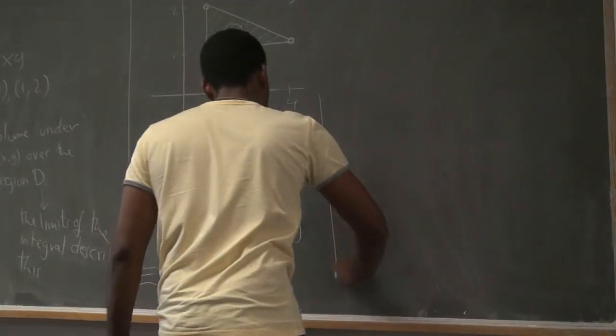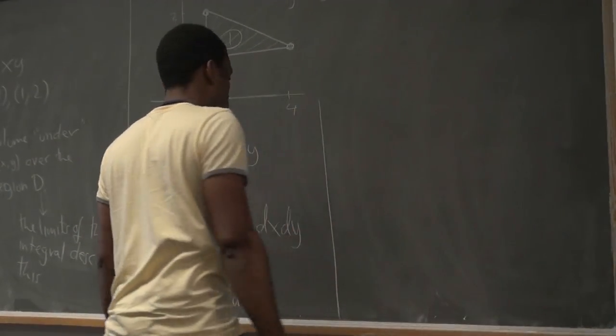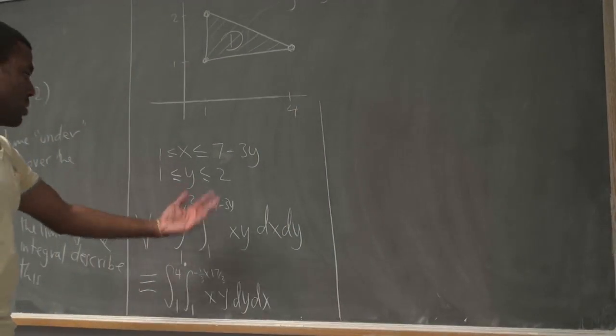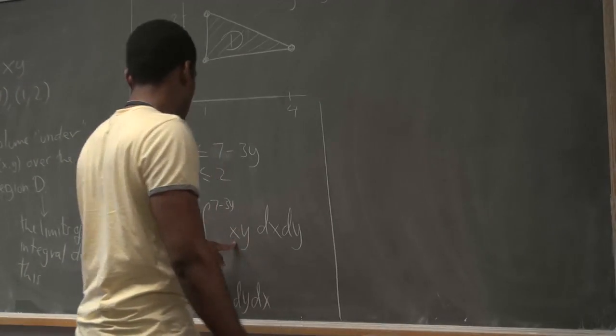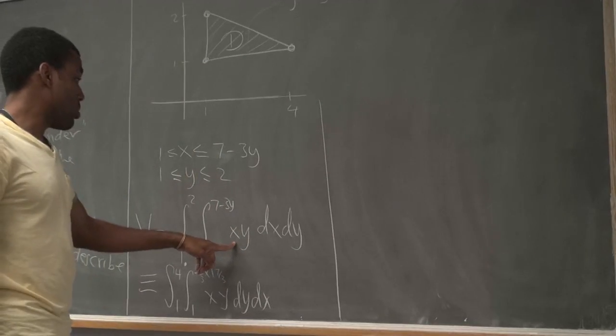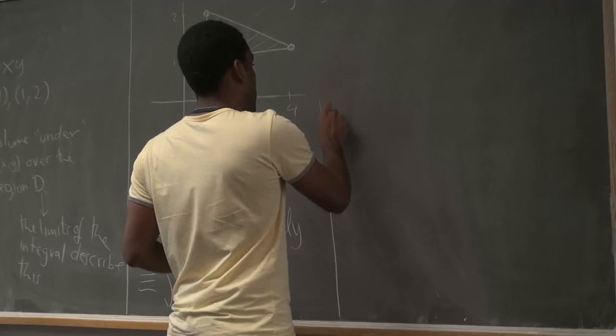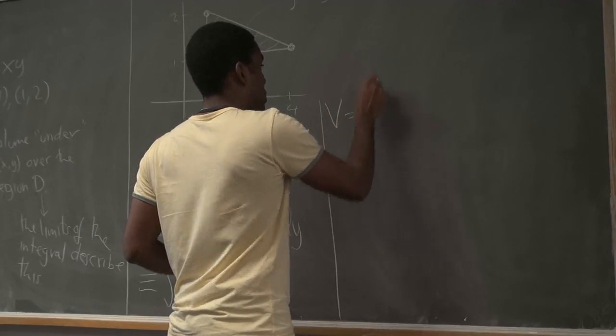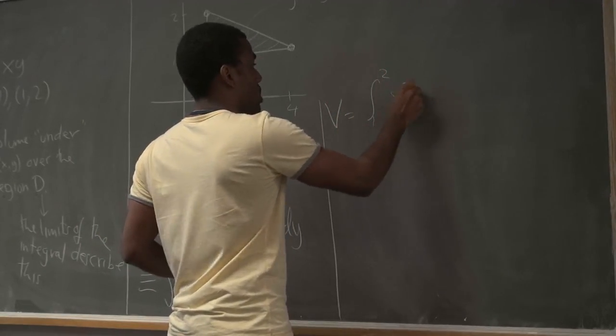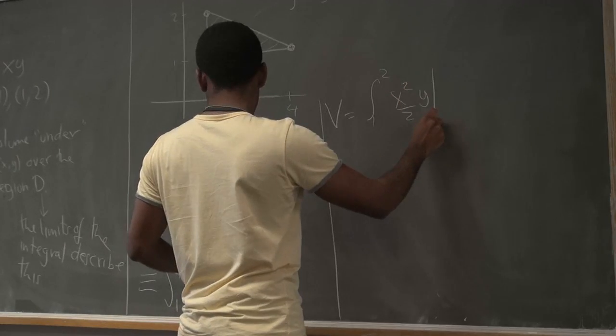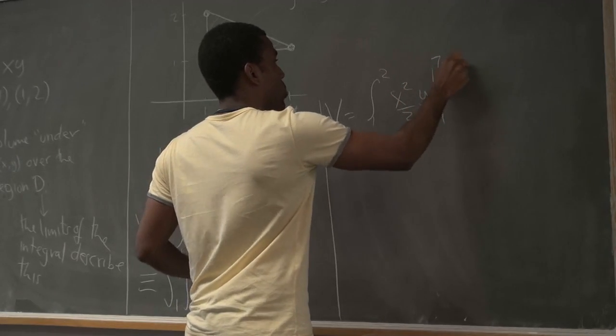Okay, so now let's continue. Let's evaluate this one, the one without the fractions. So x, we integrate that. This becomes x squared over 2 times y, between 1 and 7 minus 3y.